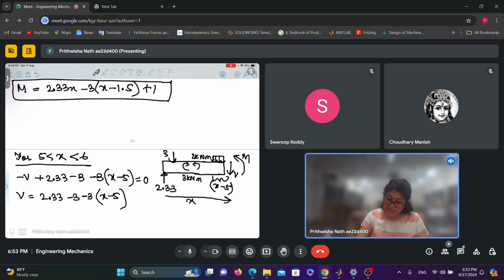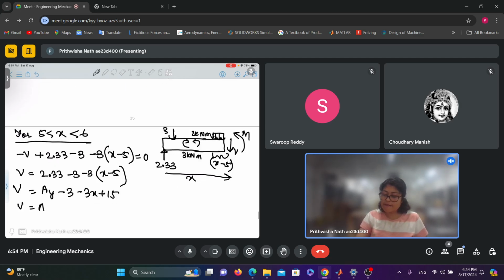So I can write this as V equals, 2.33 is what? Vertical reaction at A, right? So this is AY minus 3 minus 3x plus 15. So this can be written as AY minus 3x plus 12.